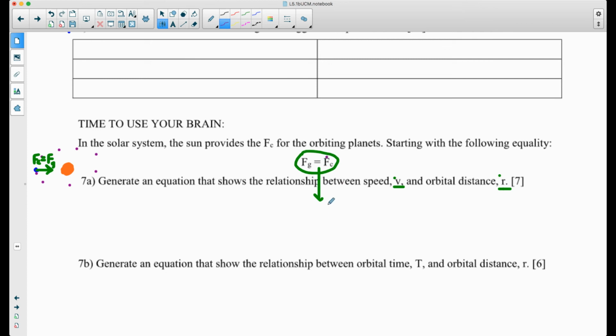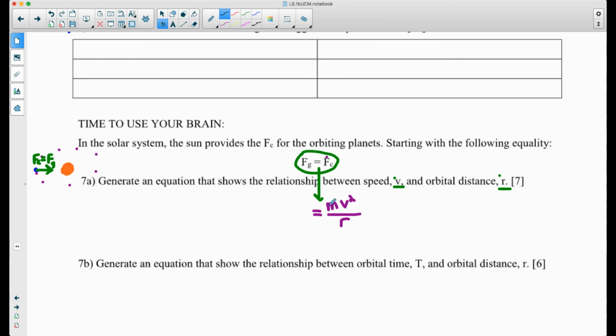So instead of writing FC, we could write the equation for FC, M V squared over R. Now, we need to be very clear about what we're talking about. In fact, we need to be very clear about our subscripts.